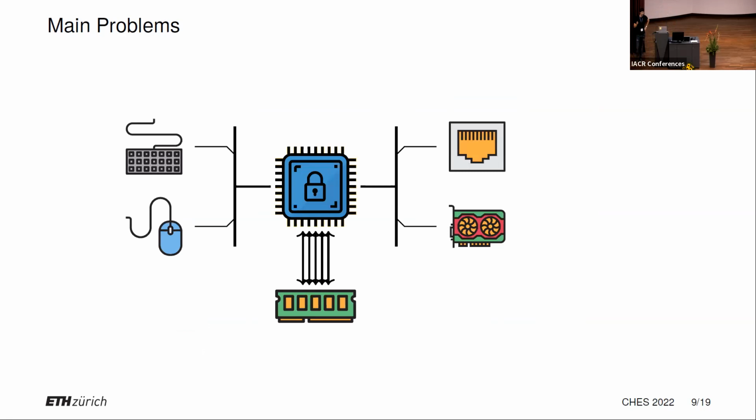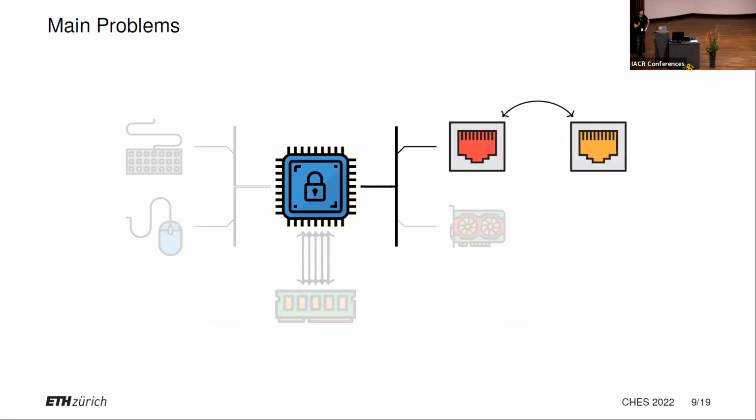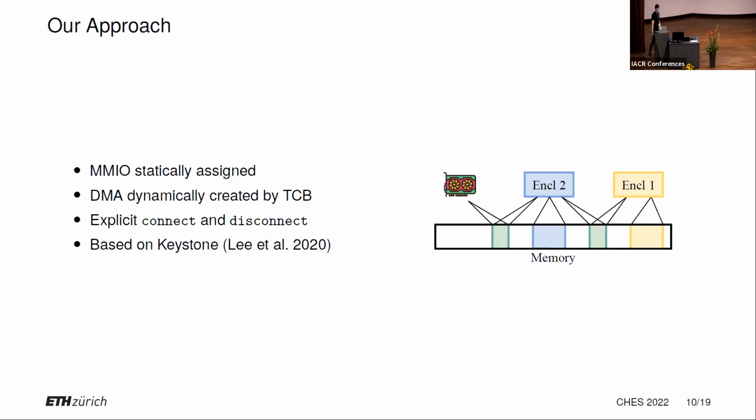Now, one of the main problems with these things, to simplify it also a lot, is that the attacker basically wants to replace a device at runtime. You plug it out, you plug a new device in, and that's how you do it, right? So what we do, to simplify it a lot again, is we essentially facilitate all of these connect and disconnect routines by doing explicit things in trusted code. So if you want to share memory between a container and a peripheral, you have to do this explicitly through a call to some trusted code.